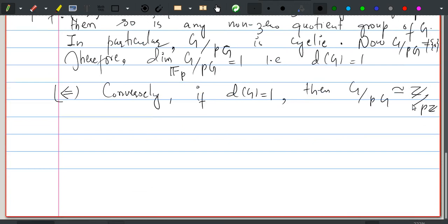Now this group over here is cyclic, so this G/pG is also cyclic.